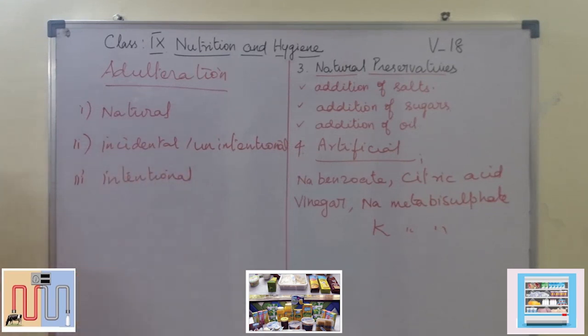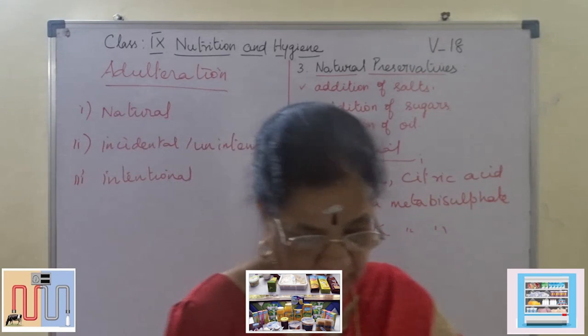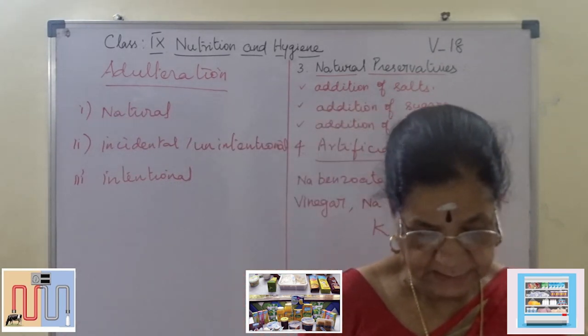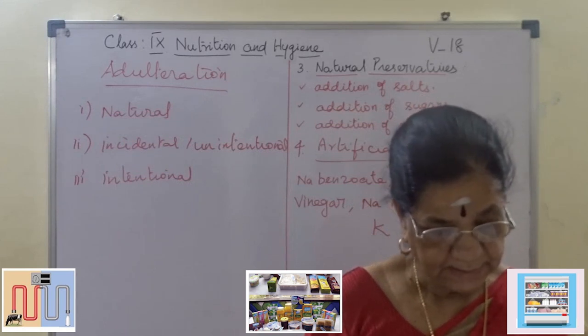I hope you are able to follow this. Clear? So in this, one is natural adulterant, second is incidental, unintentionally added adulterant, and third is intentionally added adulterant.